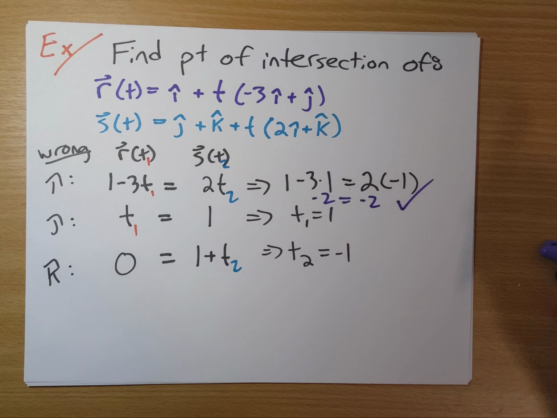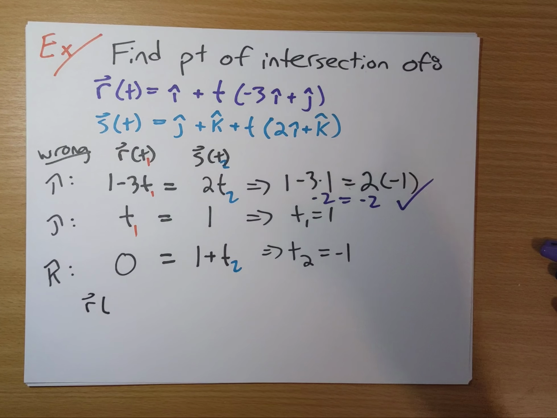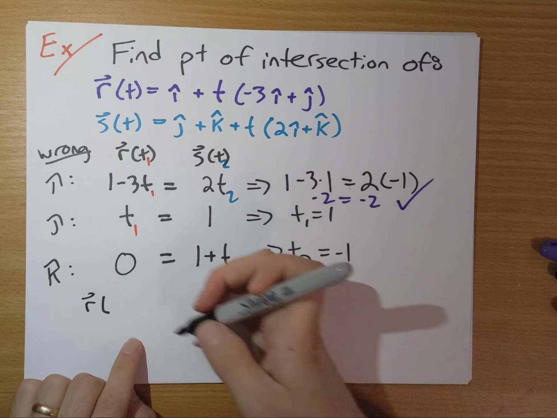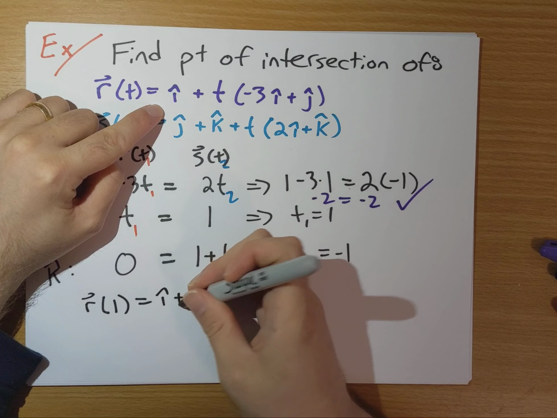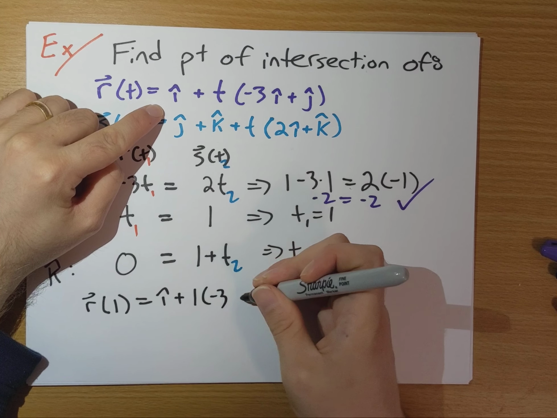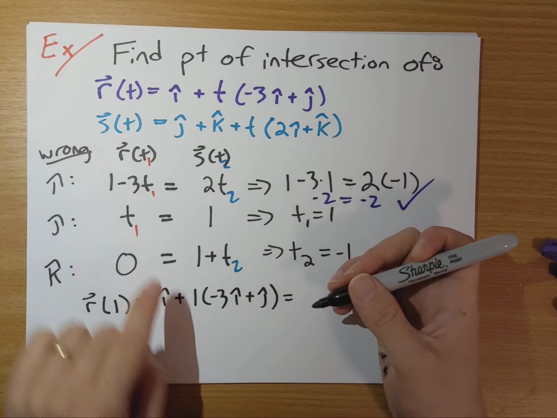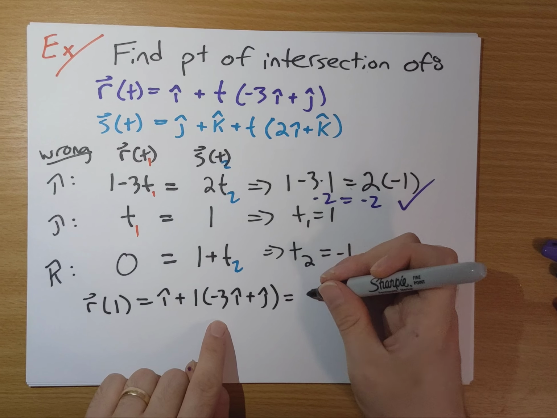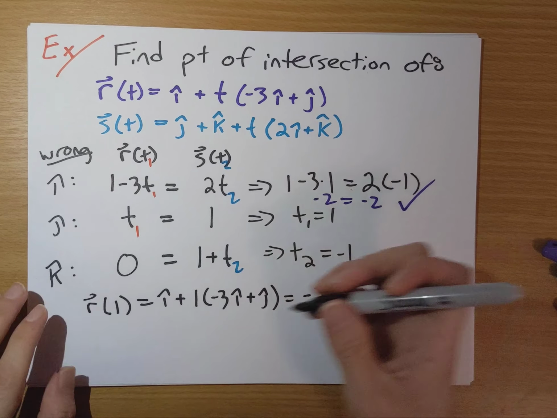And so that's going to be r of t1 is going to be 1, and that's going to be I hat plus 1 times minus 3 I hat plus j hat. And that simplifies down to negative 2 I hat plus j hat.